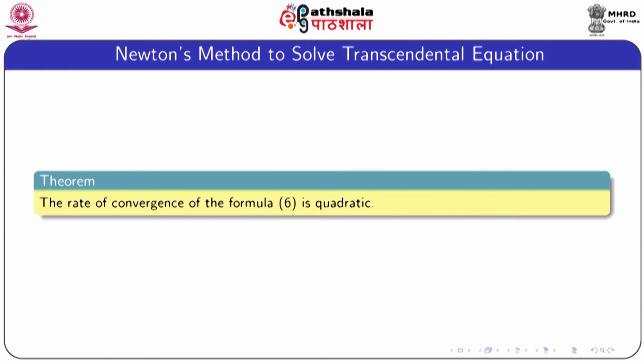But the rate of convergence of this formula is also quadratic like the Newton-Raphson method. The proof of the rate of convergence of this scheme is available in the text.